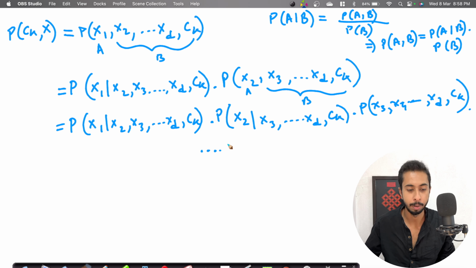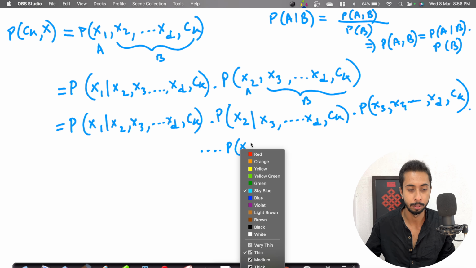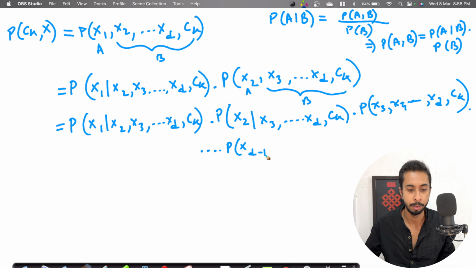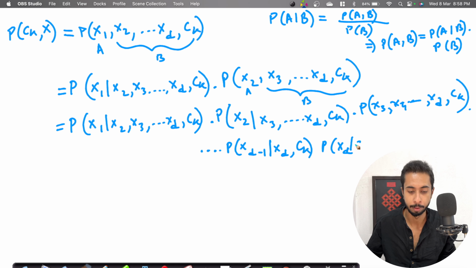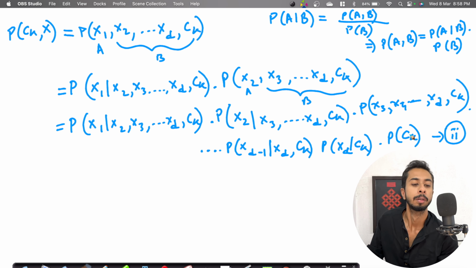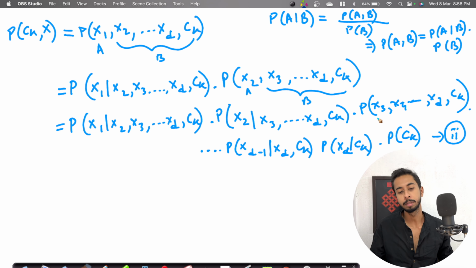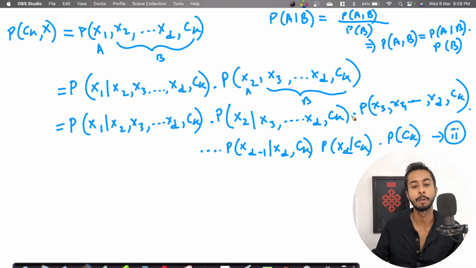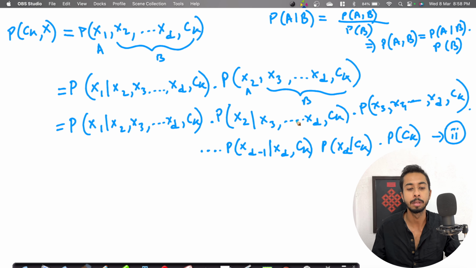Then I'll multiply probability of x d minus 1 given xd comma ck, multiplied by probability of xd given ck, multiplied by probability of ck. Let's say this is equation number 2. This is simply me expanding it continuously. After continuously expanding it, this is what I will get finally.